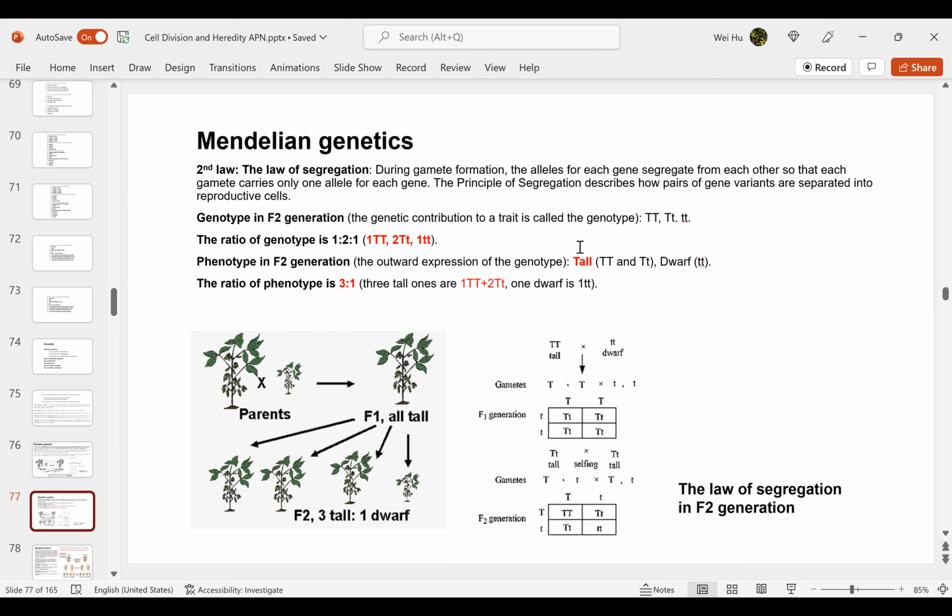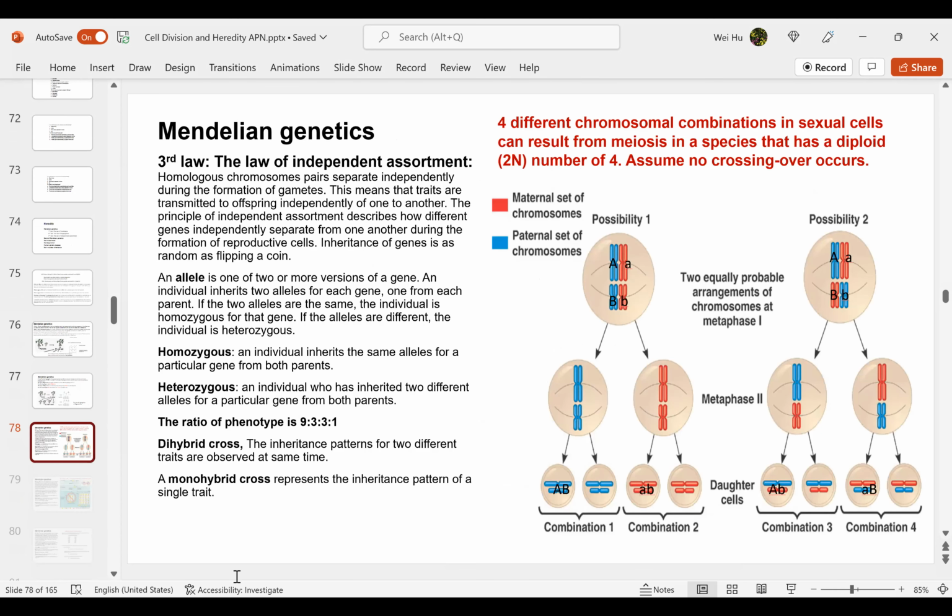So you have 3 big ones and only 1 small one. So the ratio is 3 and 1. Okay, remember these two ratios: 1 to 2 to 1, and 3 to 1. Okay, done.